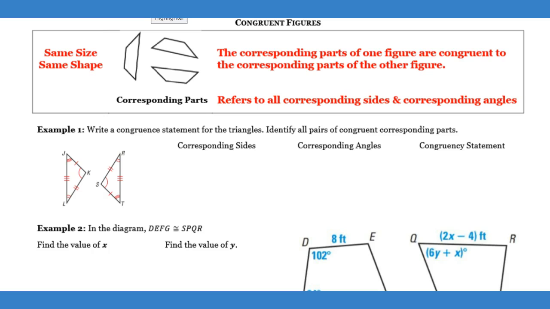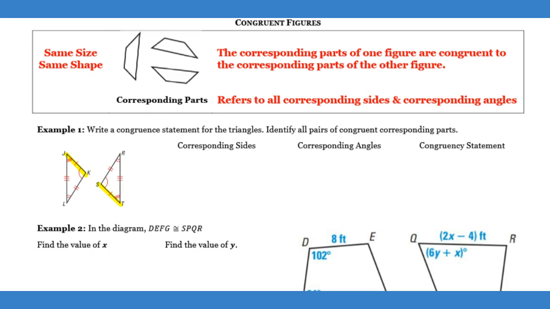Now when we have congruent figures, we want to write a congruency statement that demonstrates how our figures are congruent. If we look at these two triangles, we want to write a congruency statement for them. I'm going to choose an angle to start with, and I see that angle J is congruent to angle T, and that angle K is congruent to angle S. And notice that tick mark on the side tells me that JK is congruent to TS.